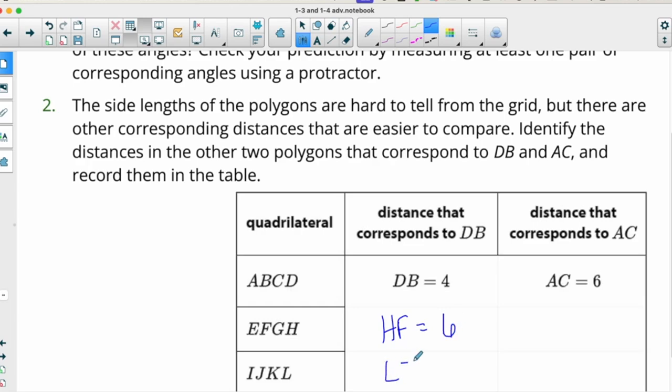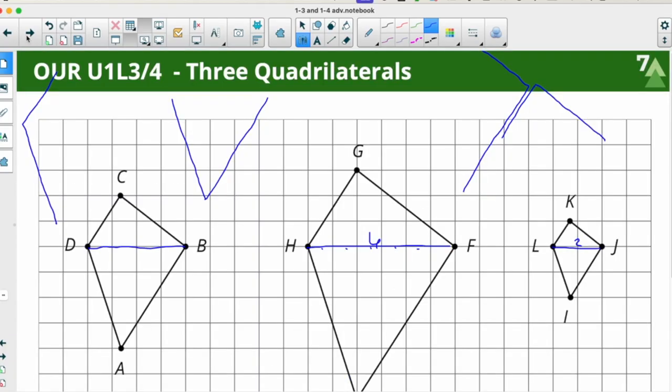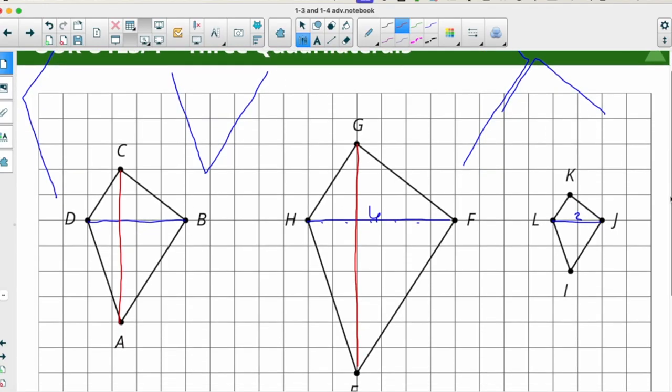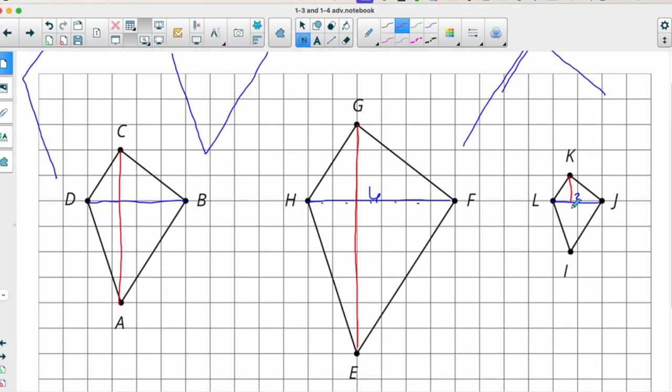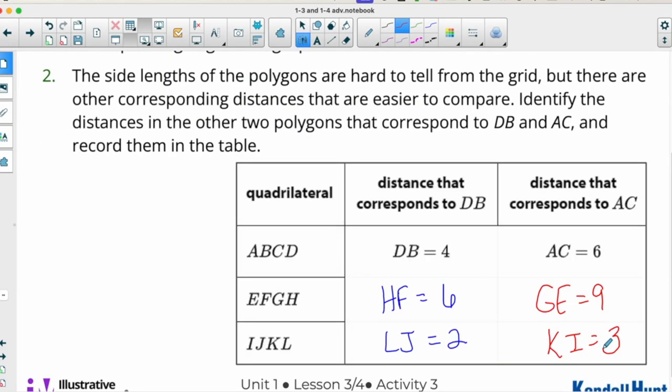I'm talking about a distance. So HF is 6, LJ is 2. And then looking at that other distance, CA. So the vertical distance, 1, 2, 3, 4, 5, 6, 7, 8, 9 for GE. And 1, 2, 3 for KI. Well, what do we notice?